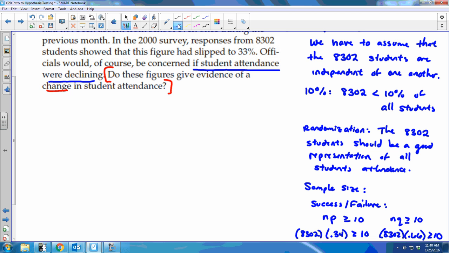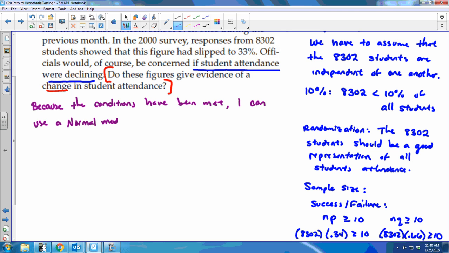So because the conditions have been met or have been satisfied, or however you want to write that, what you're really saying is I can use a normal model for the sampling distribution of student attendance.